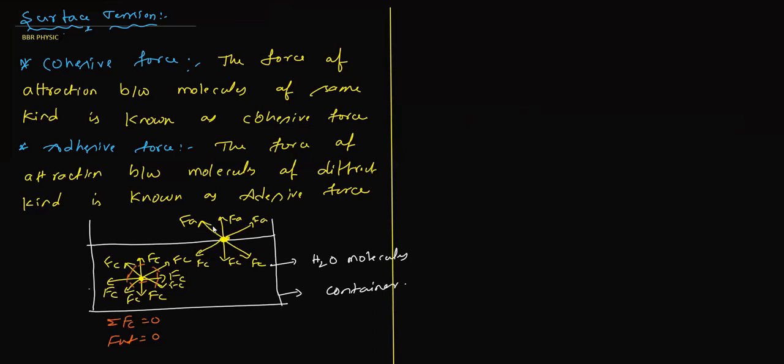Generally, Fc should be greater than Fa. Fc is acting downward and Fa is acting upward. So F downward is greater than F upward.